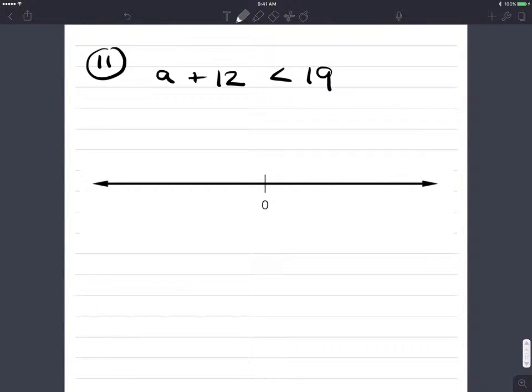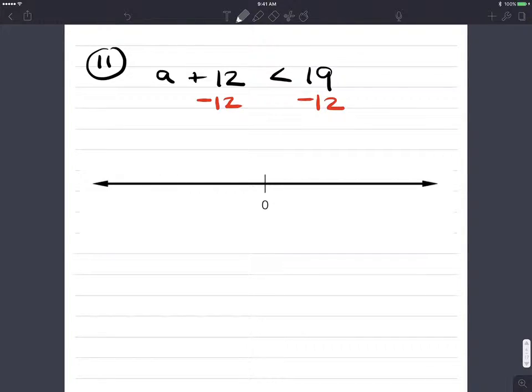Number 11. We're going to solve and graph a linear inequality. What you're looking at is a variable A, and 12 is being added to A, and that is less than 19. This is the phrase we start with. To isolate A, we're going to have to subtract 12 from both sides of this inequality symbol.